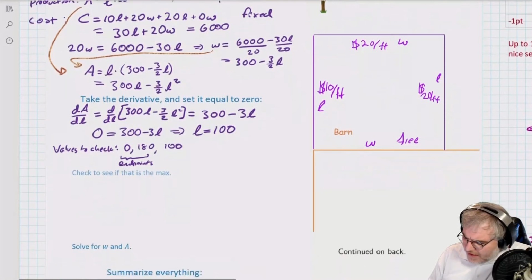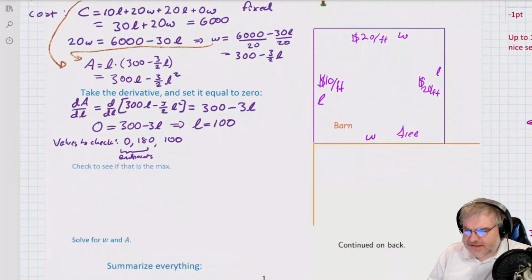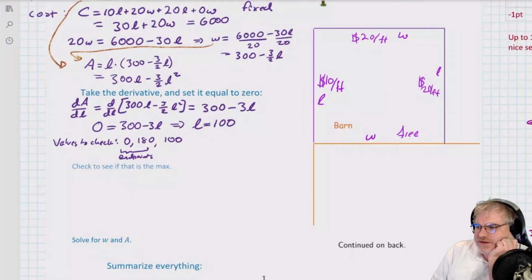Okay, so now I need to see if what I have is a max. Now, recall that there are 3 ways. So how do we feel about that? Taking the derivative, setting it equal to 0, and finding the critical numbers.